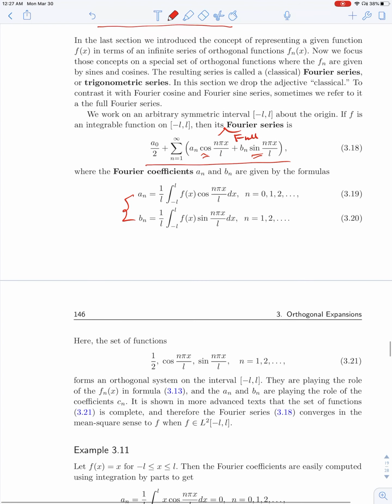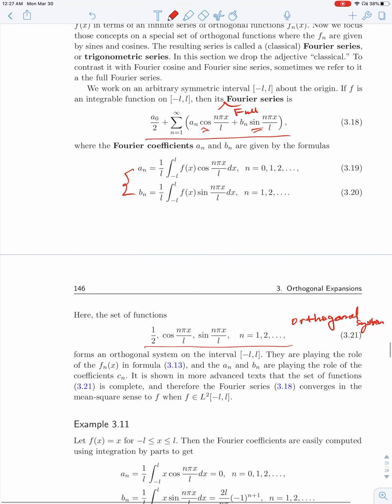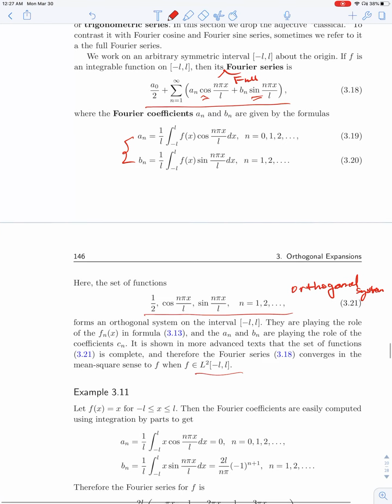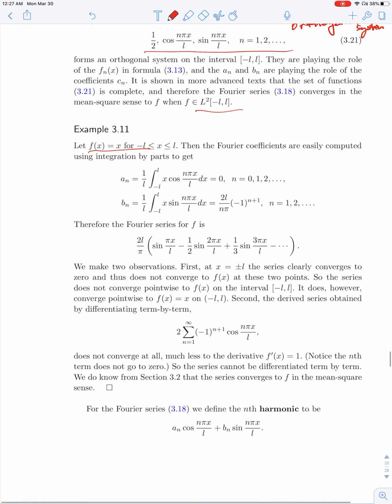We are going to explain how these formulas arrived. It is all because this is an orthogonal system, and it is a complete orthogonal system for L2 spaces. And this is just a specific example to tell you how to calculate these coefficients.